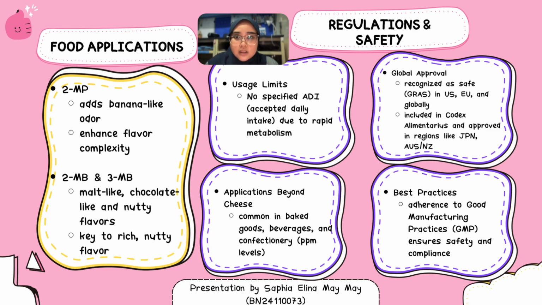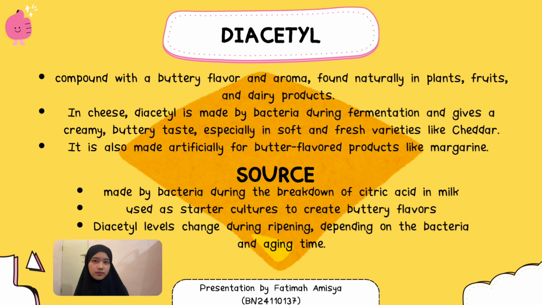They are commonly used in baked goods, beverages, and confectionery at low concentration, typically in the parts per million, ppm, range. It is important to follow good manufacturing practice, GMP, to ensure safety and compliance with the regulations worldwide.